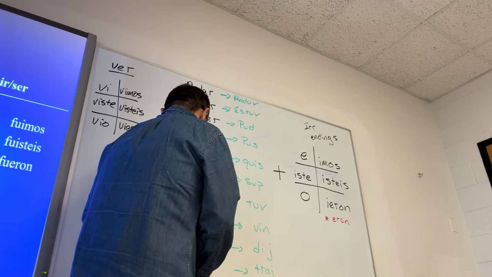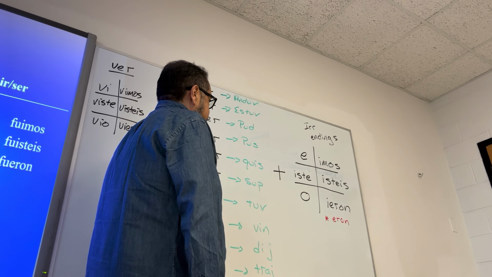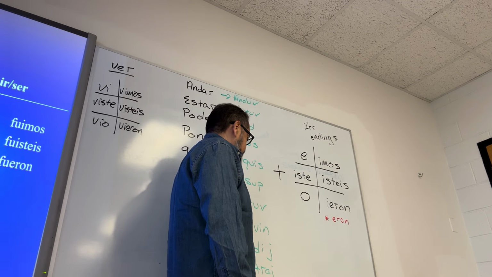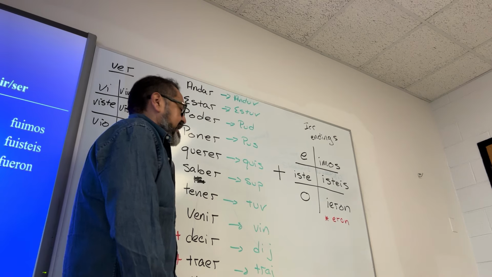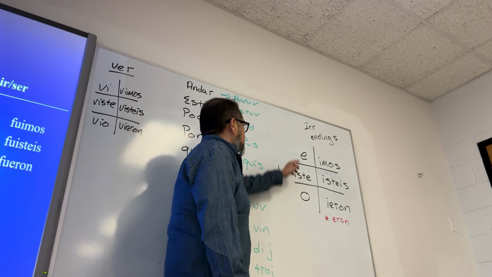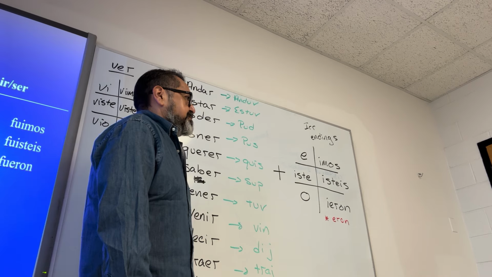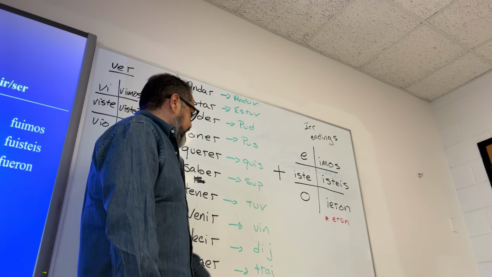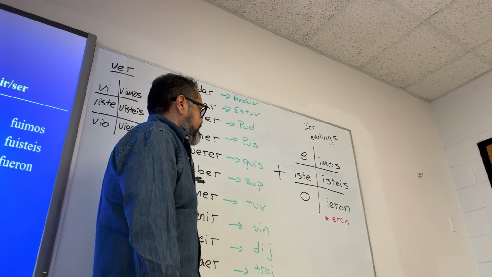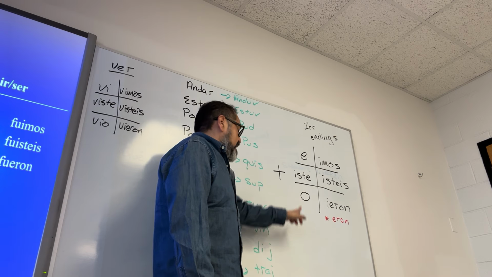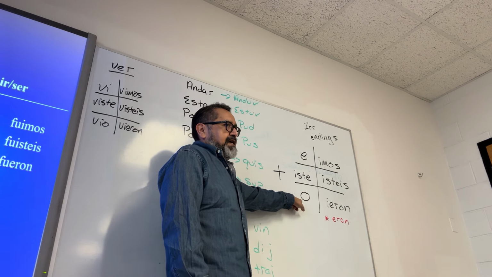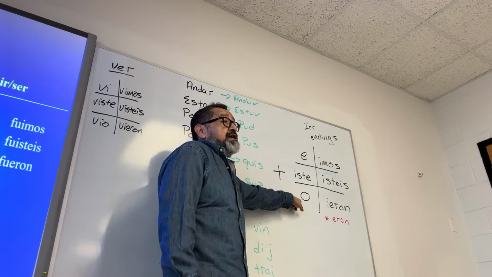this one. Okay, basically what ends up happening. All right, because you can actually do all of these. If you want to say like I did or I made, hic-, and then the E, and it's hice, okay? You did or you made, hiciste, okay? The problem, of course, is when you get to this one, because the C before an O is a K sound in Spanish. It's a K sound in English, too.